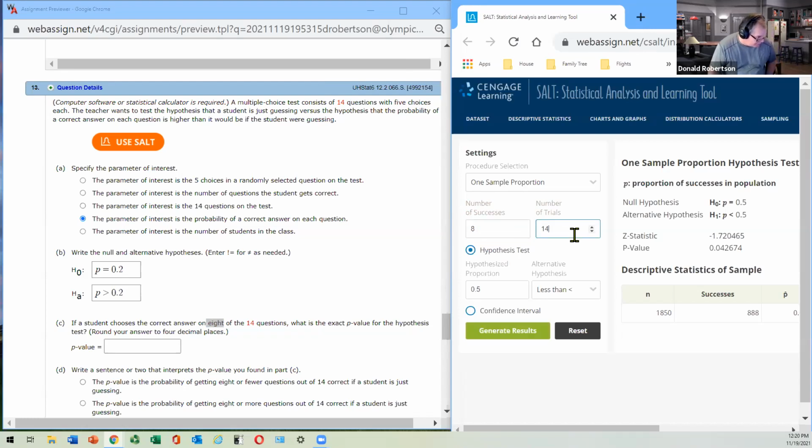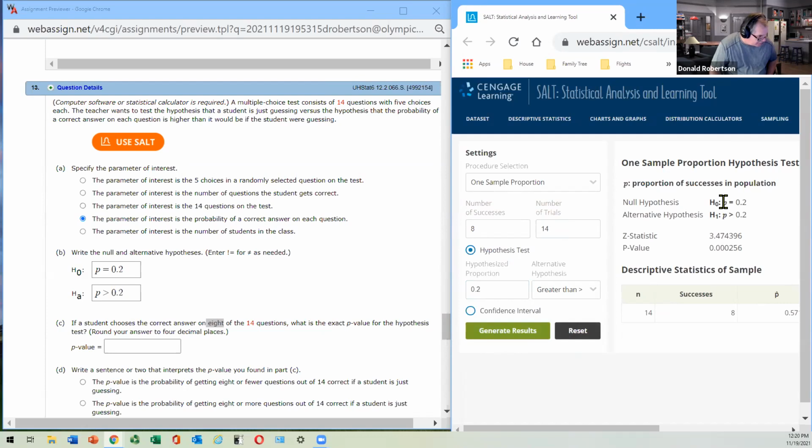Now, the null hypothesis is equal to 0.2, and isn't the alternate greater than? It's a bit clunky, but that's how you write down this information. 0.2, and the alternate is greater than. And now I just generate results.